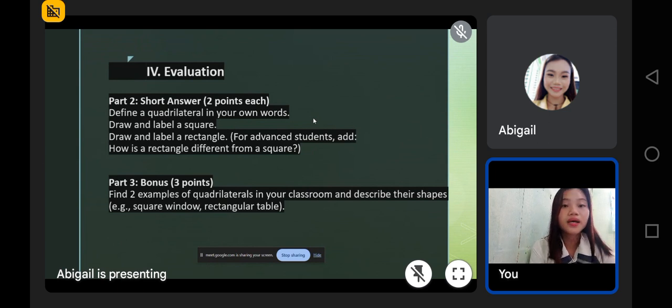And also, find examples of quadrilaterals in your classroom. And in part 3, for 3 points, find 2 examples of quadrilaterals in the classroom and describe their shapes.